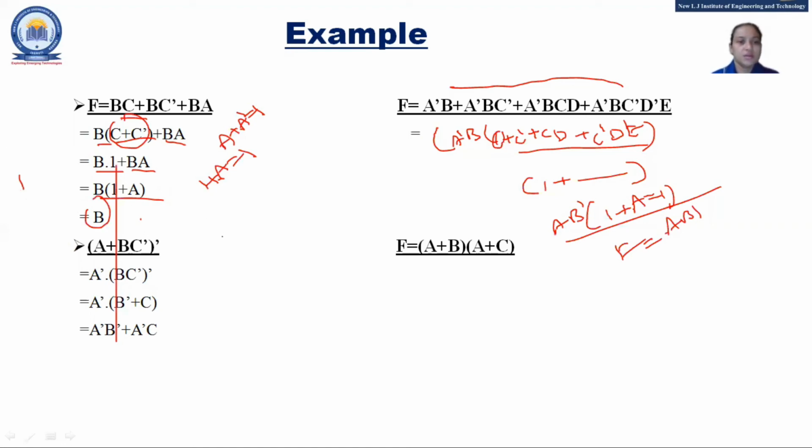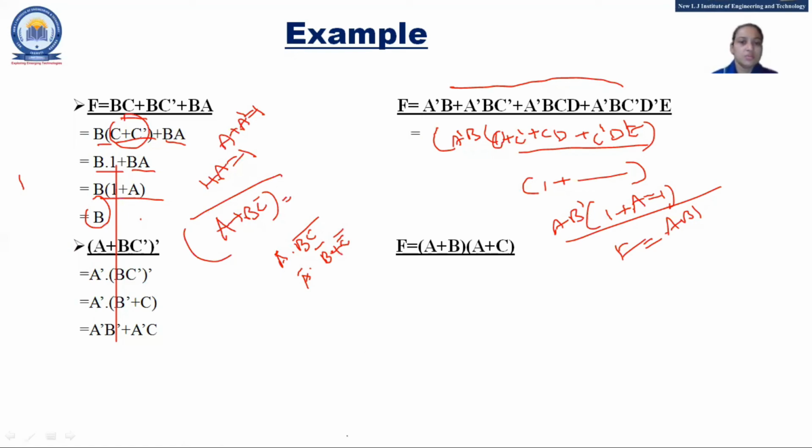Now here, (A plus BC dash) whole bar. We can apply De Morgan's law, that is A bar, and we have to write the product (BC bar) whole bar. So A bar dot, now we can apply De Morgan's again, B bar plus C, because dot becomes plus.